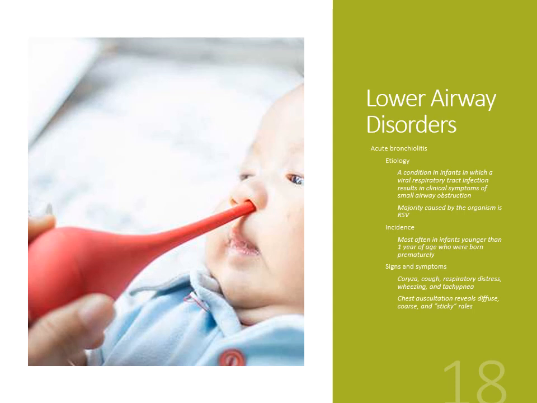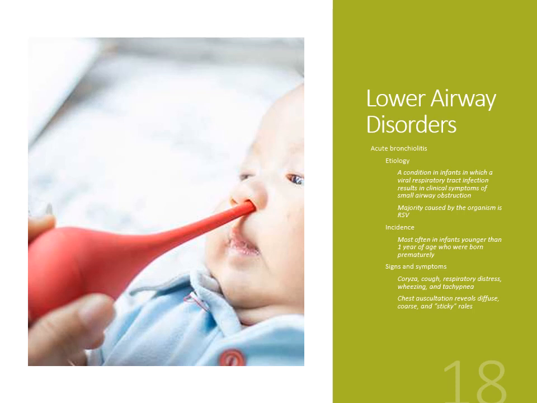Let's talk about acute bronchiolitis, often caused by RSV. The term acute bronchiolitis is applied to any condition in infants in which a viral respiratory tract infection results in clinical symptoms of small airway obstruction. In most infants with bronchiolitis, the causative agent is RSV.